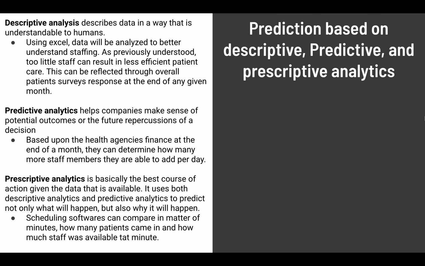It uses both descriptive analytics and predictive analytics to predict not only what will happen, but why it will happen. Scheduling software can compare in a matter of minutes how many patients came in and how much staff was available at that specific minute.